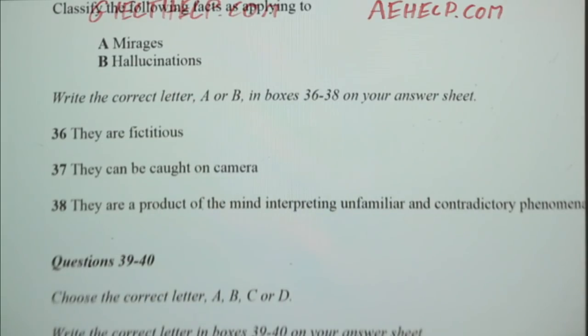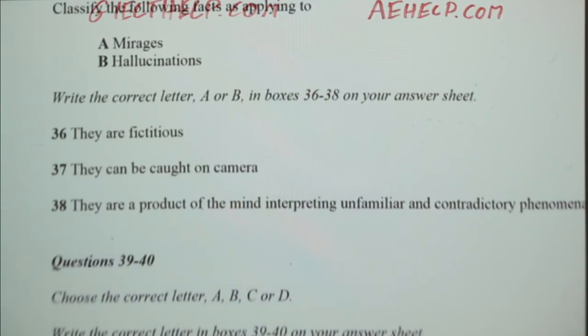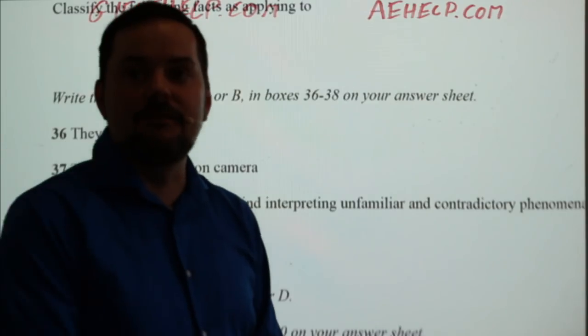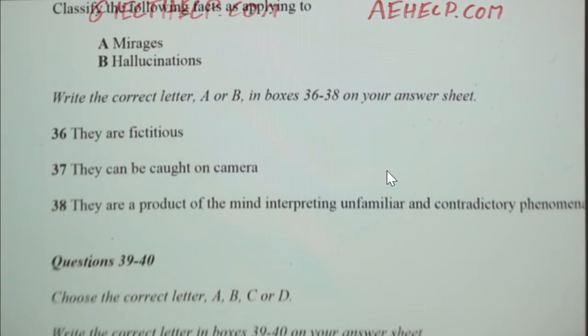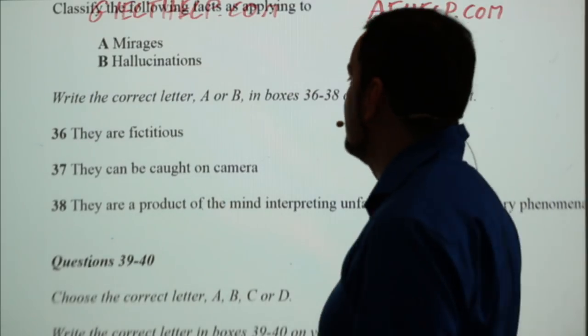For this type of question, you should not have to search too much. Number 36, they are fictitious. Anybody know the meaning of fictitious? Yeah, it's made up, it's imagined, okay?